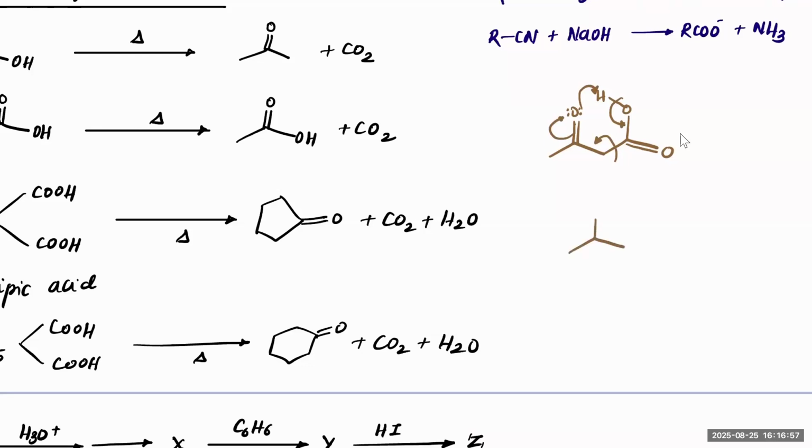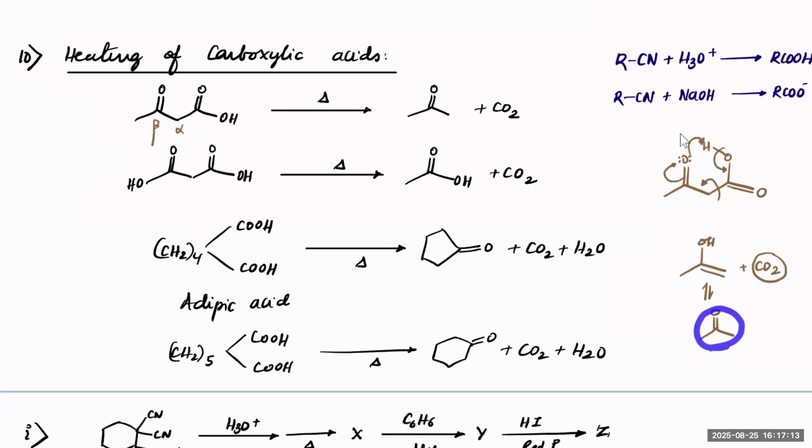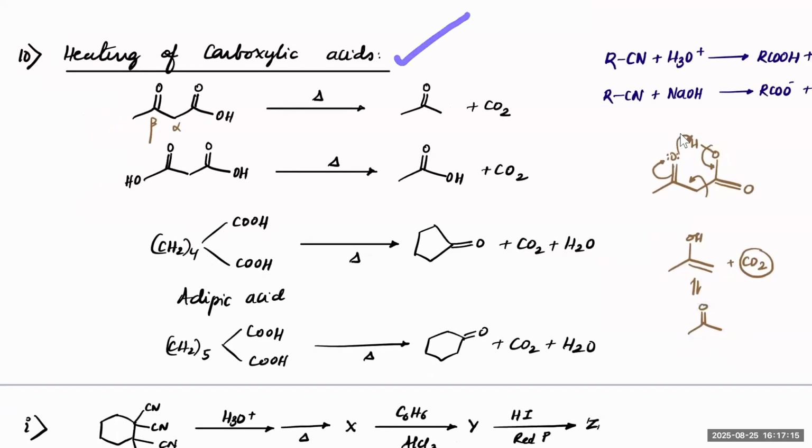So in totality, you will get this as OH and a double bond here, while carbon dioxide has been eliminated. And this in fact will turn into a keto form, and that's how we will get a keto group here. Done. So from heating of carboxylic acids, you can get a keto form.